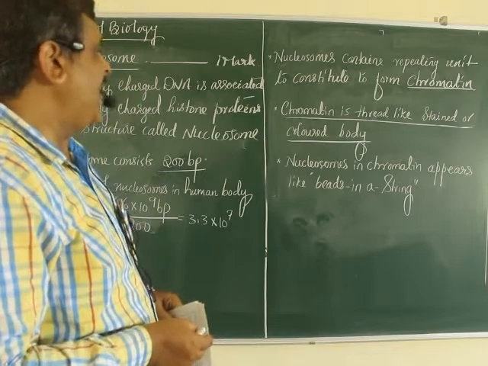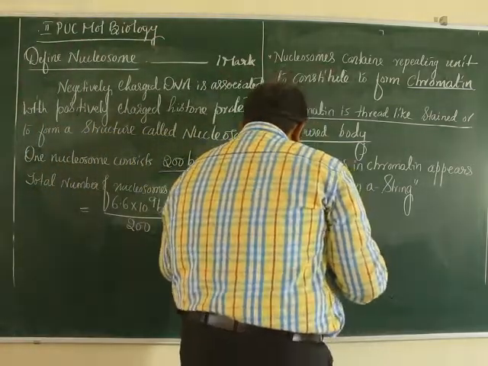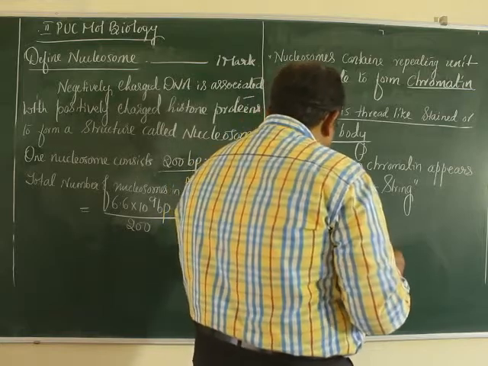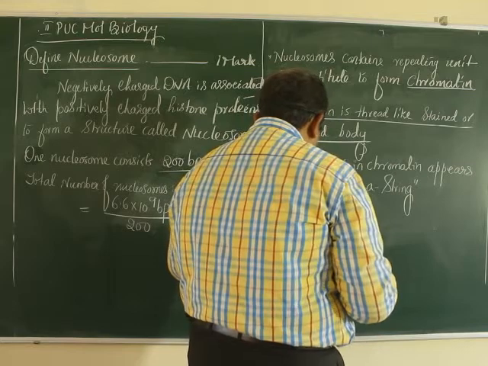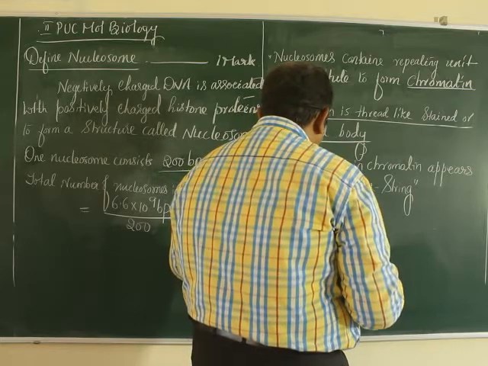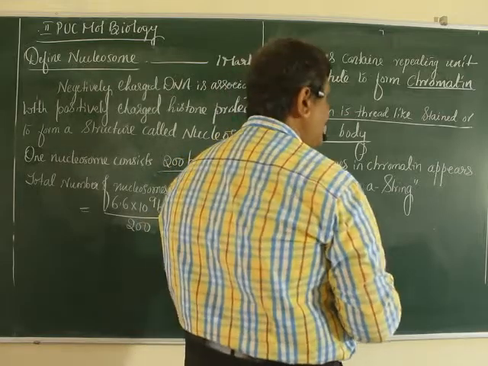Nucleosomes in chromatin appear like beads in a string. Then chromatin is packaged into chromatin fibers, coiled and condensed at the metaphase stage to form the chromosome. So how is this chromatin packaged?